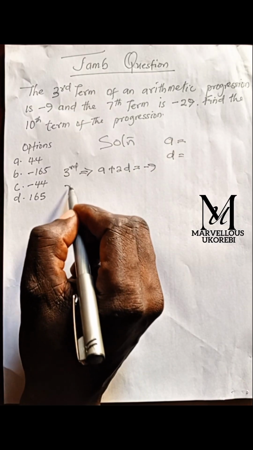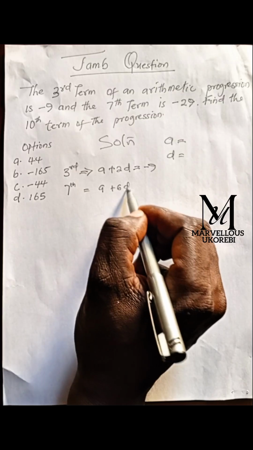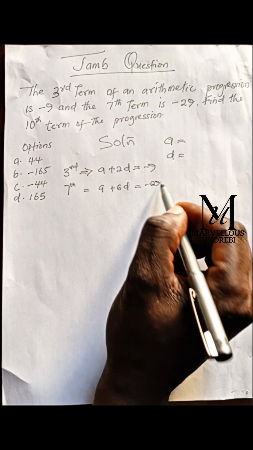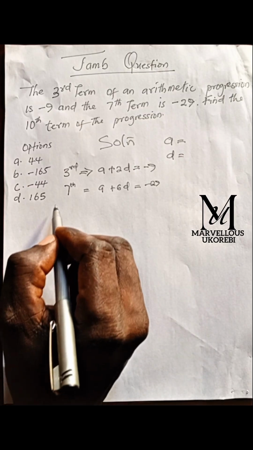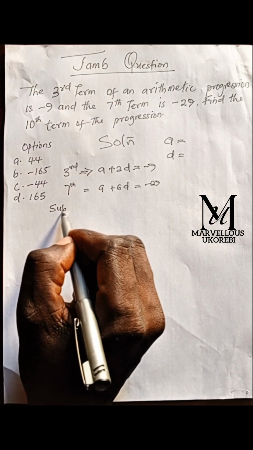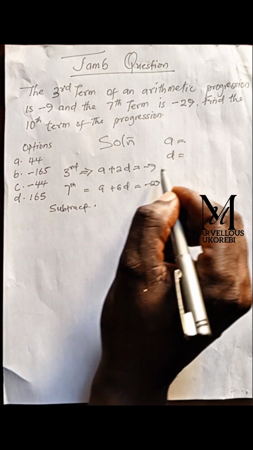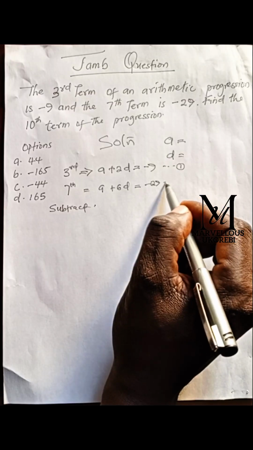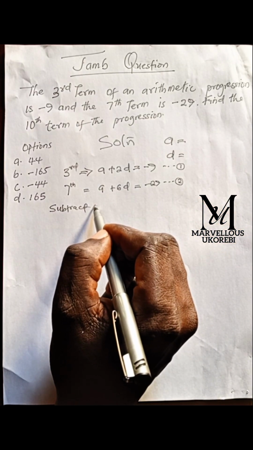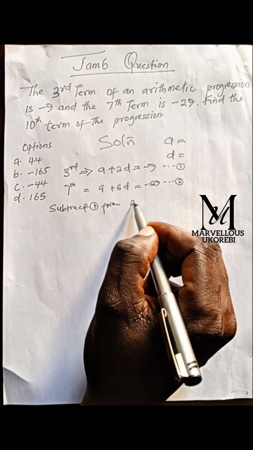The formula for the seventh term is a + 6d, which we are told is -29. Now we are going to subtract the two equations. We call this our equation 1 and this our equation 2. We are going to subtract equation 1 from equation 2.